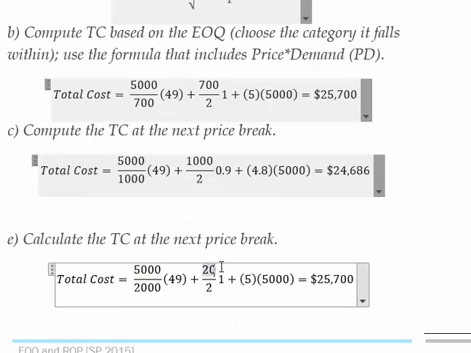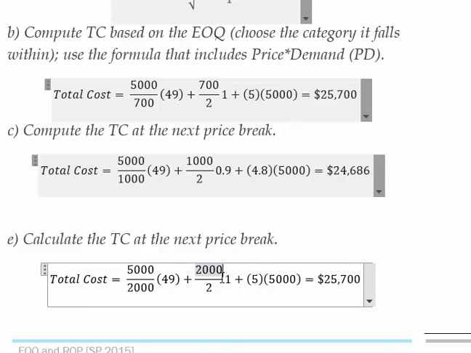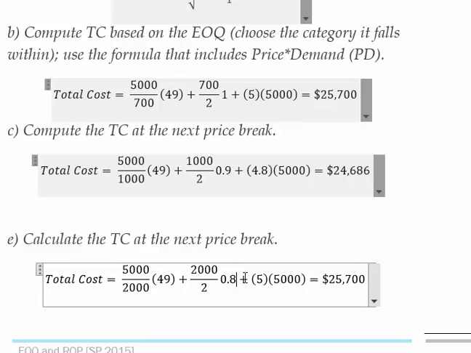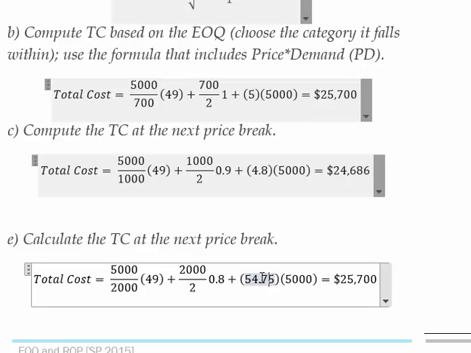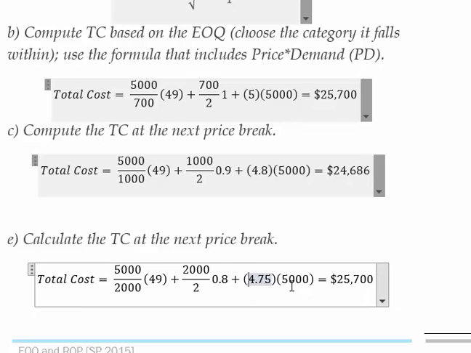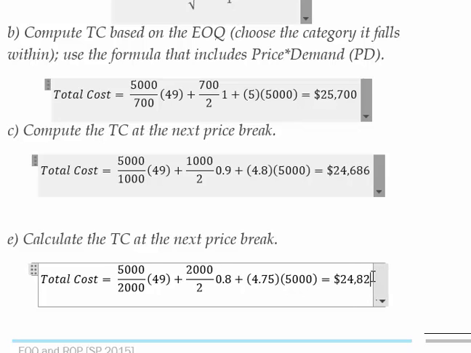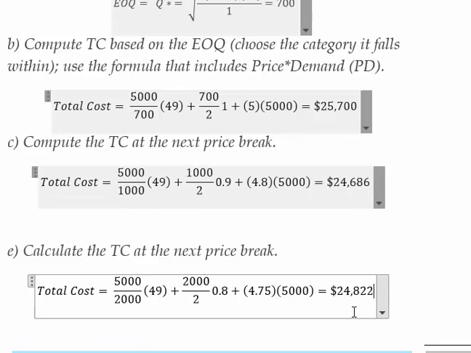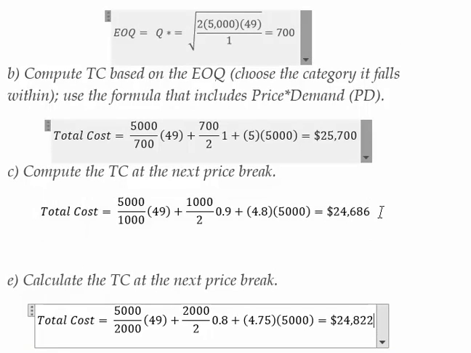You can see, obviously, the inventory carrying costs are going to go up, even though this goes down a little bit, but not a huge amount. And the price goes to 4.75. And so now this will change from 25,700 to 24,822. So you'll notice that it isn't actually lower than this one.